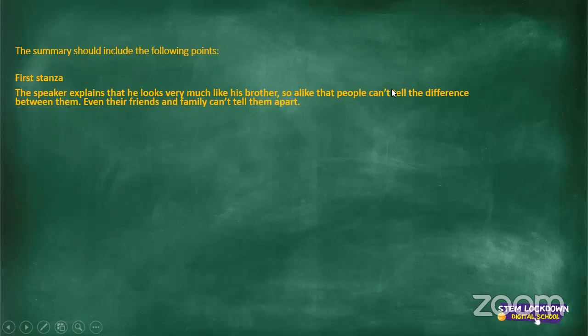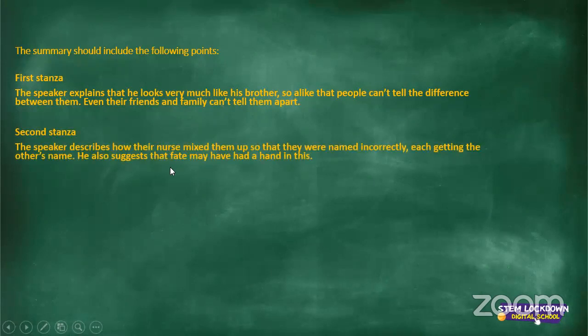So much that people can't tell the difference between them. Even their friends and family can't tell them apart. So if you had anything similar to what I have, you don't have to have exactly what I have written. So if you have anything similar to what I have, then you are on the right path, okay? I said just a sentence or two. Doesn't have to be a lot, okay?